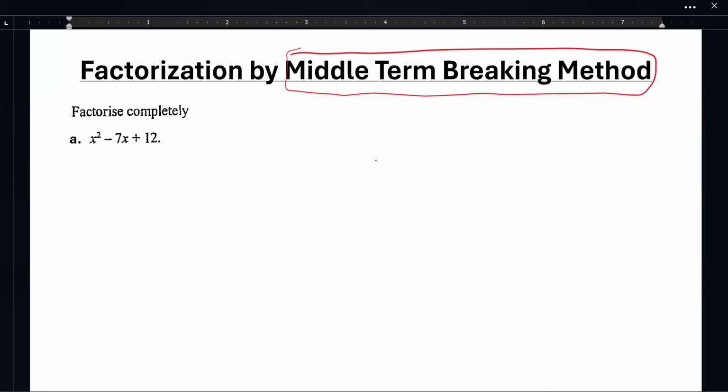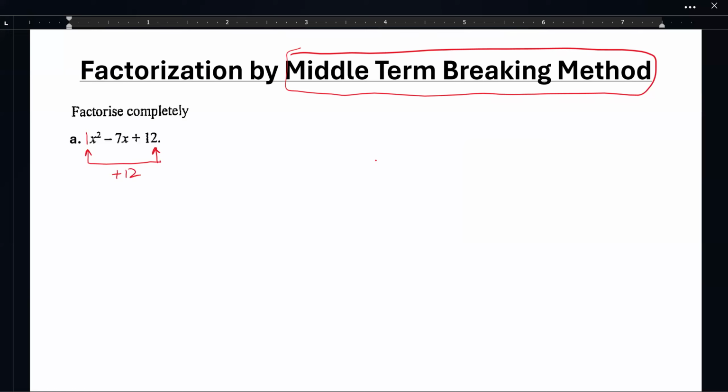Before this, I repeat, you must multiply the first number and the last number. As you can see, the first number is 1. So the product is plus 12. Now, you have to think of two numbers.